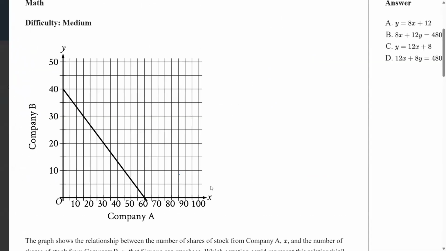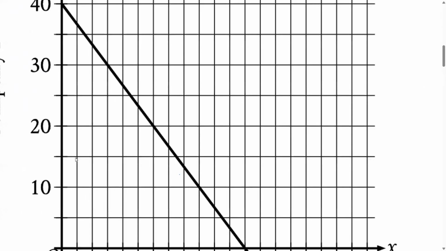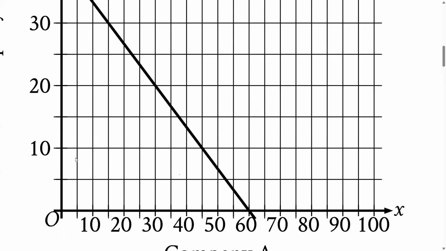Which equation represents the graph? Choose the equation, let's get the equation. Let's take this point, and this point and this point. X is 60 and y is 0. And x is 55, y is 10.